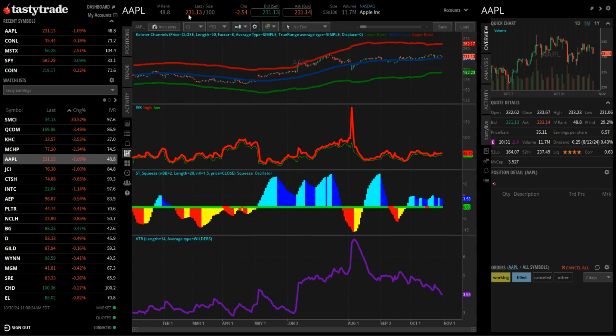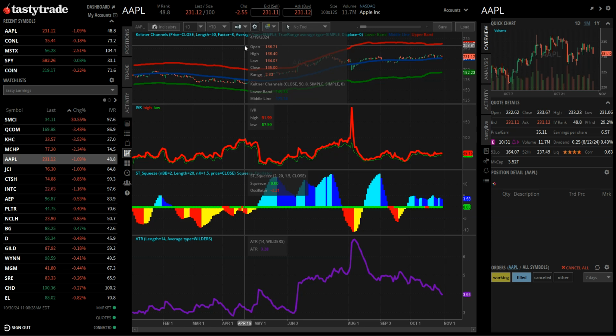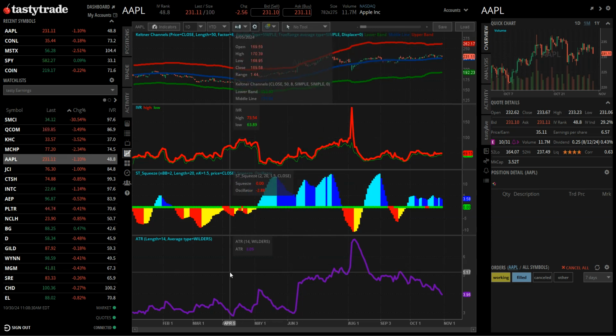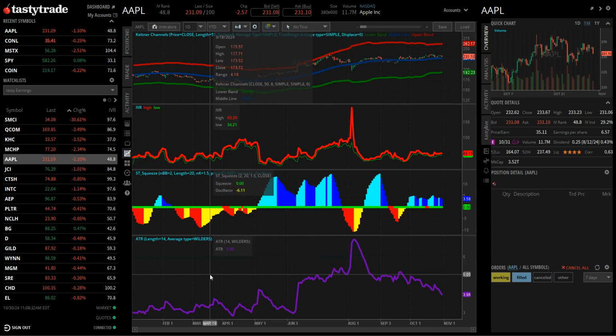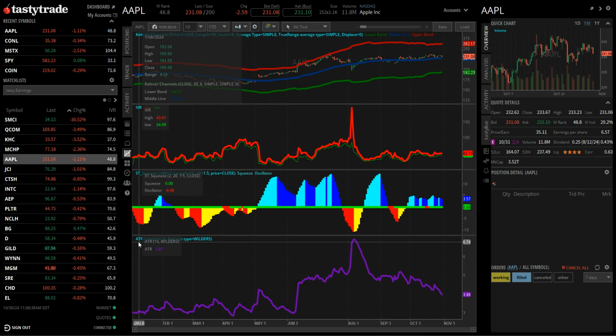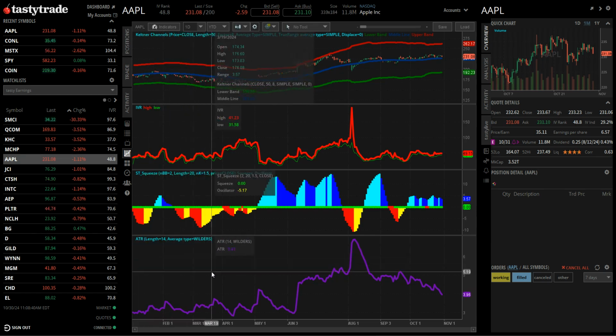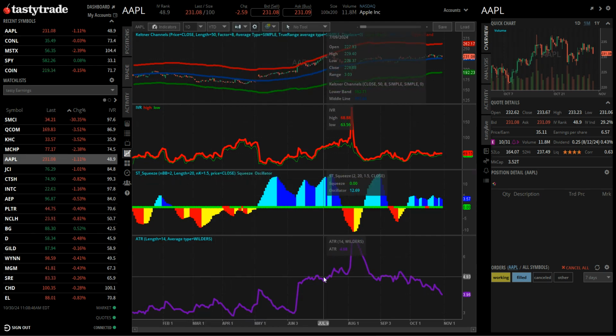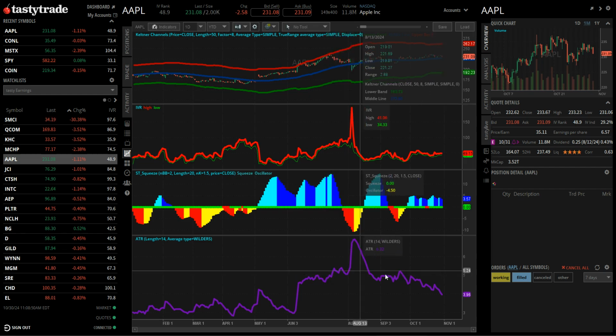Okay, we got the price today, 231 right here, and I'm going to use the most important indicator to me, not RSI, MACD, all that nonsense that predicts or doesn't predict the future accurately. I'm using ATR, average true range. What is the average true range? This is the average move that Apple stock has done in the last 14 days.